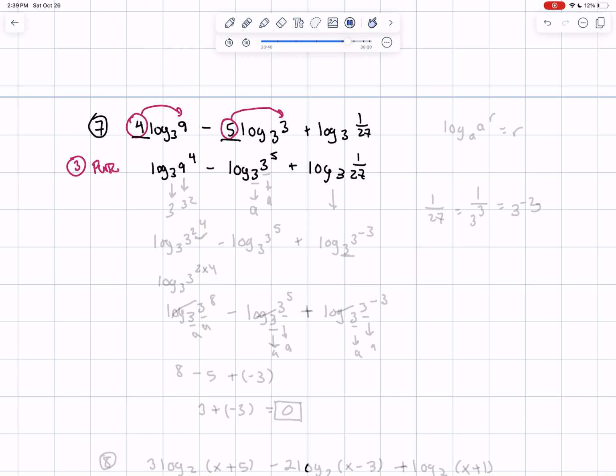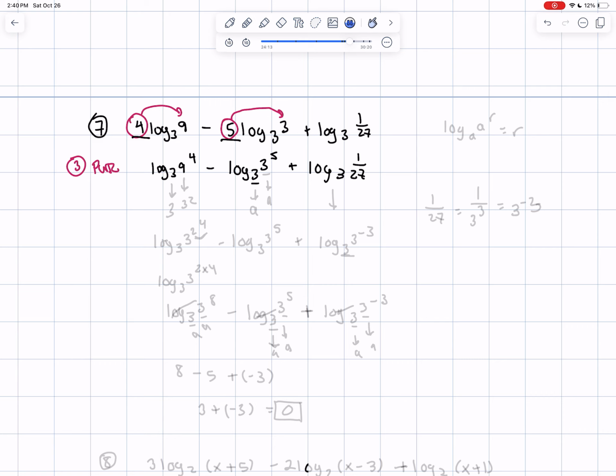But now that we have it in this form, I want to simplify. So I want to change them to the same base. So this is actually going to number 4. This is the property number 4 where they have the same base. So I look at each one.